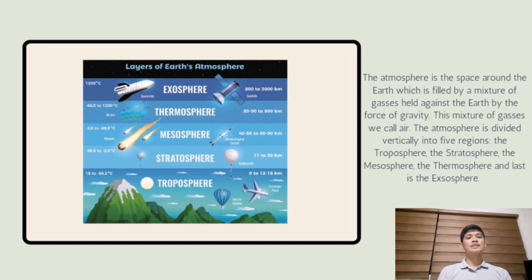And the transition layer of the thermosphere is called the thermopause. So lastly, the fifth layer is called exosphere. It is located between about 700 and 10,000 kilometers above sea level or above the Earth's surface.